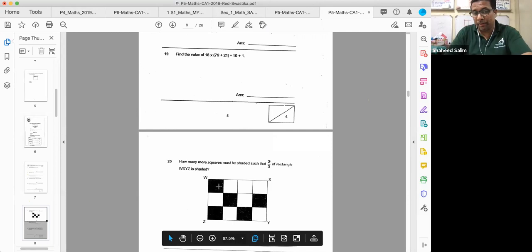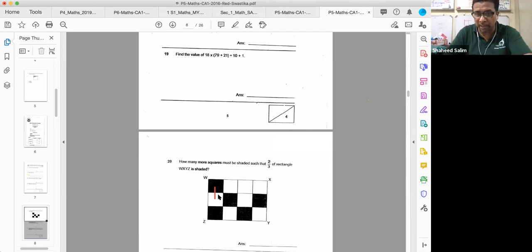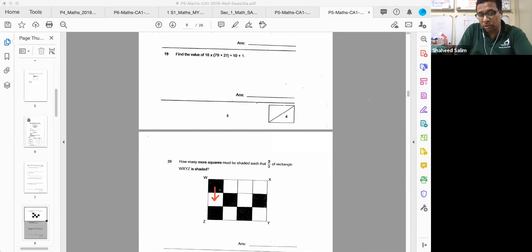So, I'm now going to shade. This one down here, look, we can move it around. This one, we bring over here. Remember just now, we want 2 layers, right? So we shift this here. So now we got 1 shaded, 2 shaded, 3 shaded, 4 shaded, 4 and 5.